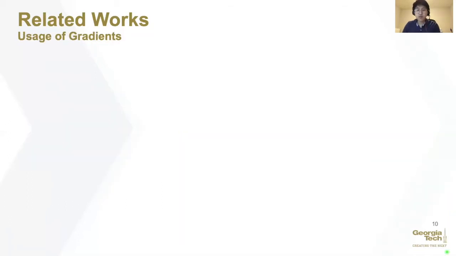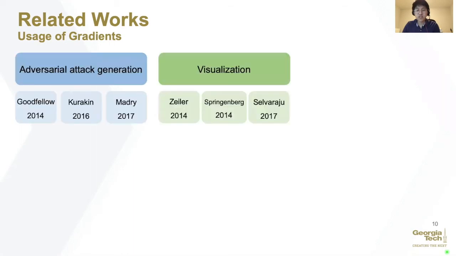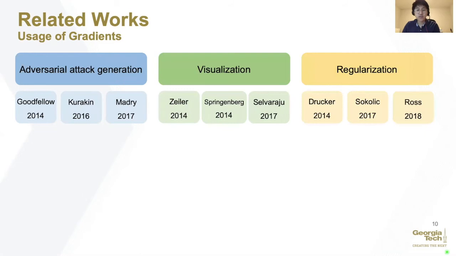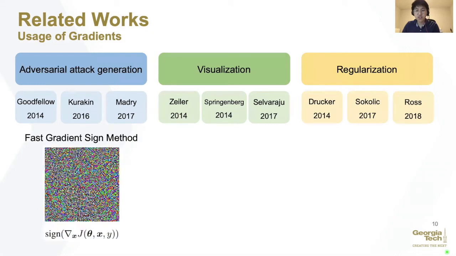Gradients have been explored in diverse applications such as adversarial attack generation, visualization, and regularization. One example in adversarial attack generation is the fast gradient sign method, which generates imperceivable adversarial attacks by adding the signum of the gradient.